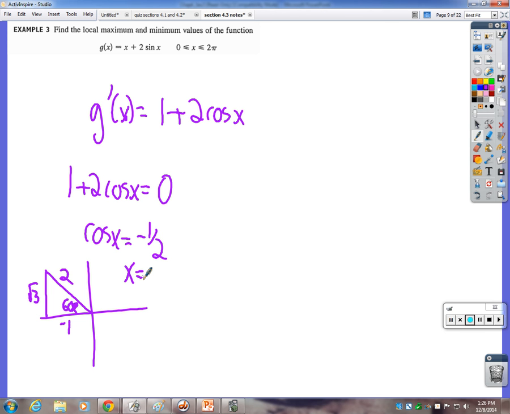Where do you always measure from? The positive x-axis. Right, so it's not 60, it's actually 120 degrees. Okay? Now there's another one where it's going to be negative, and that would be if this angle is 60 degrees. So again, if I start from the positive x-axis and go all the way from there, how many degrees have I passed through?